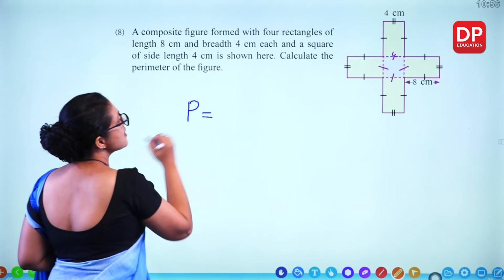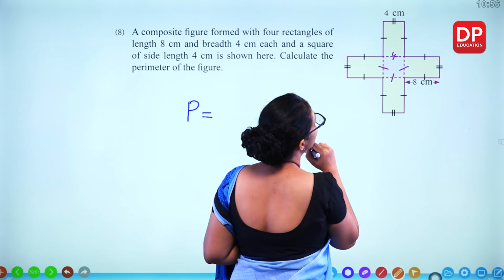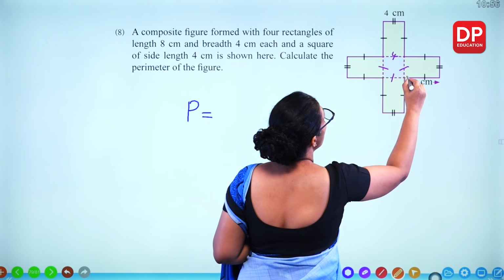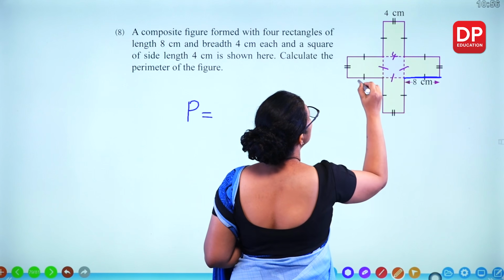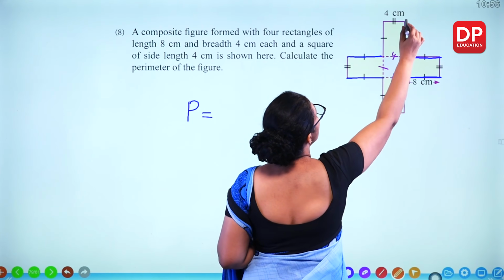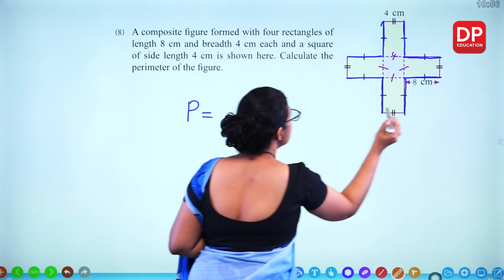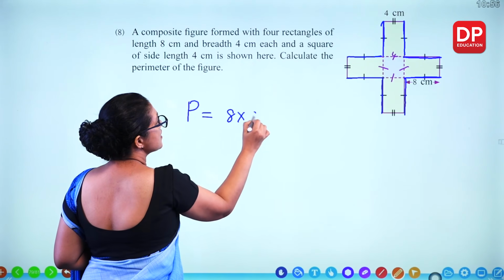We'll see how many 8s are there: 1, 2, 3, 4, 5, 6, 7, 8. 8 times 8.